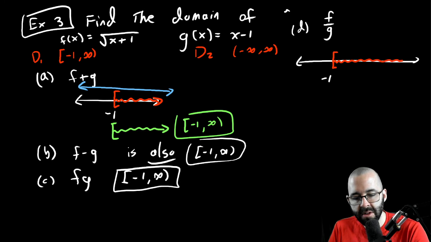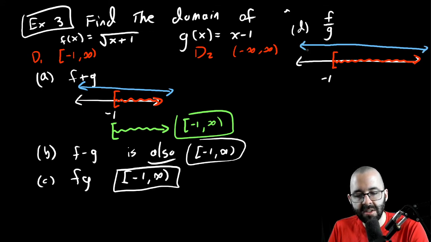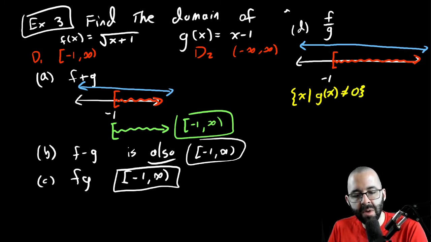All the numbers that are at least -1. The second set is all real numbers, this blue set, d2. And the third set, right? This third set is a set of all x such that g of x is not equal to 0. Well, what does this set look like?